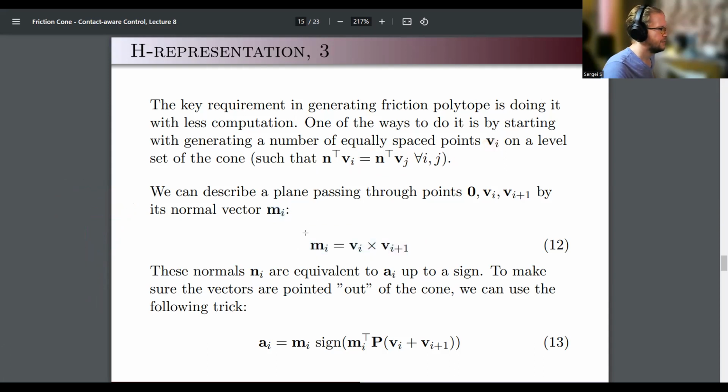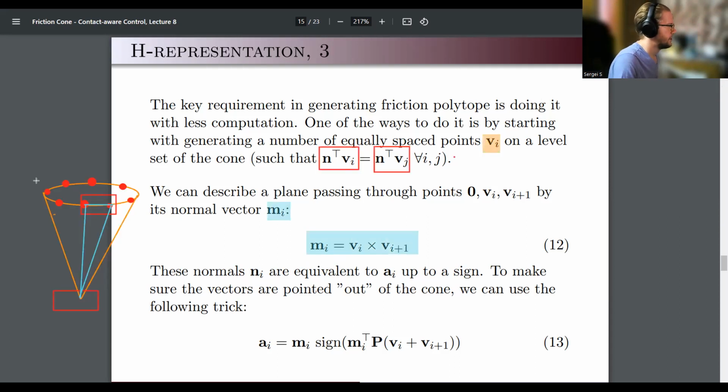Now we have m sub i, which is a normal to our plane. So on this picture it would be something like this, right? Like a normal to this plane. Okay.